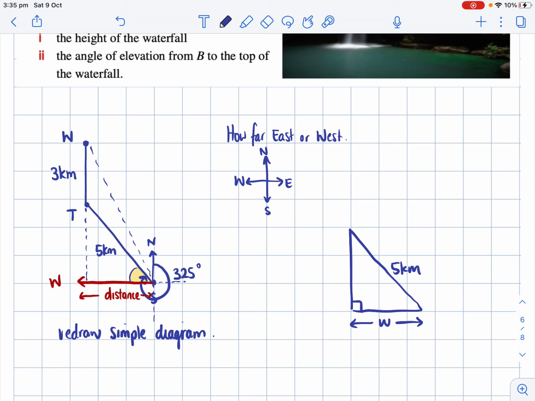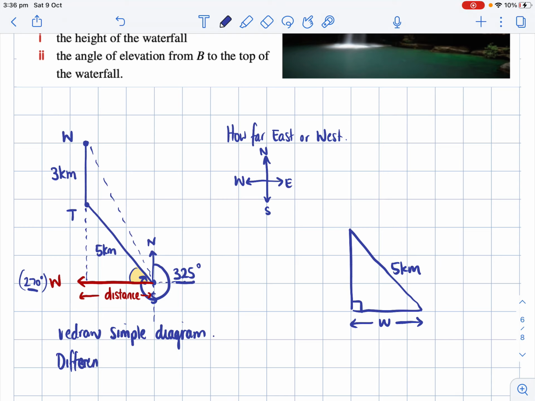Well, if I've gone 325 degrees, I know that west is 270 degrees. So what I do in my head is I actually want to find the difference between 325 and 270.